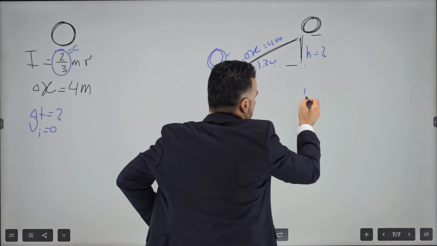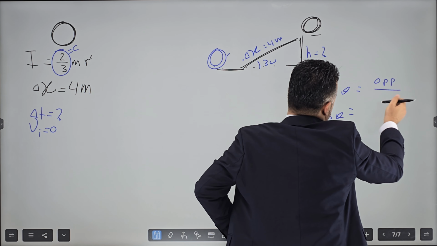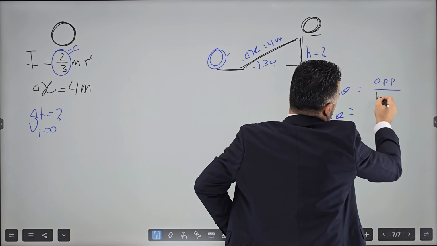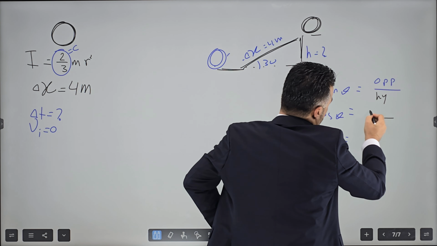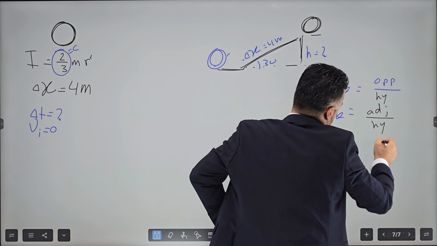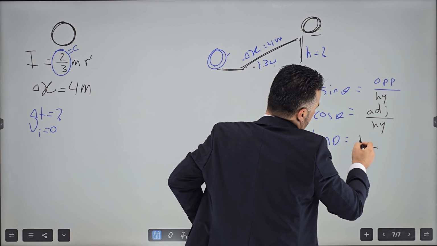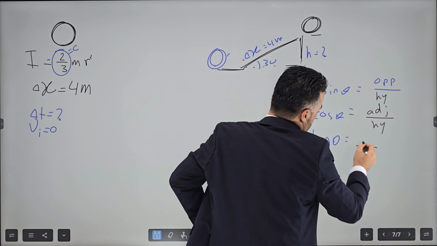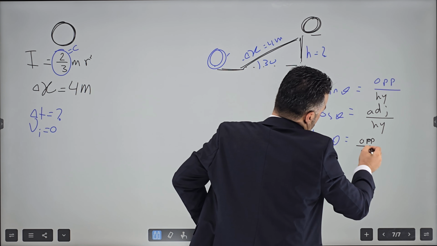We have 3 functions. Sine theta, cosine theta, and then tan theta as well, yes? So sine theta is equal to opposite over hypotenuse here. Cosine theta is adjacent over hypotenuse in here. And then tan theta is opposite over adjacent.